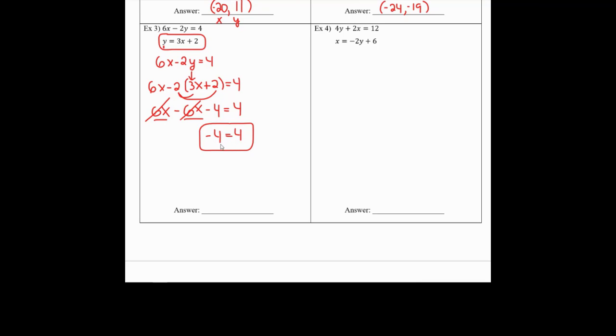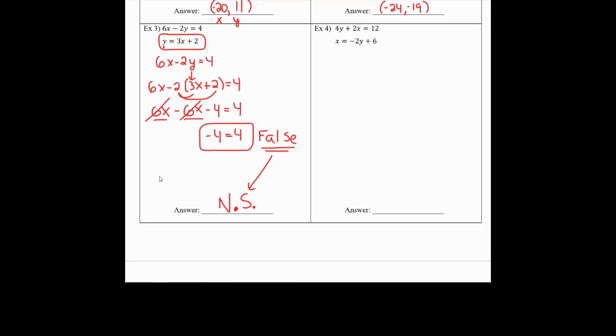Is it true that negative 4 equals positive 4? Well, a negative number is not equal to a positive number. So this statement is false. Whenever you get a false statement, that means your solution or your answer will be no solution.